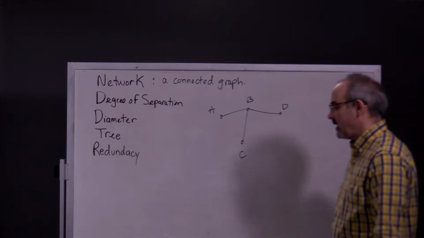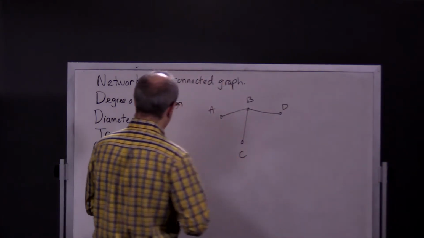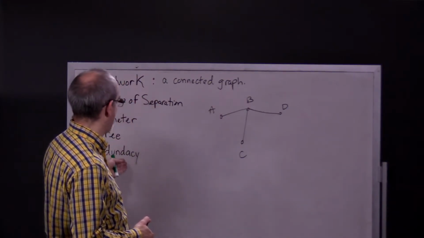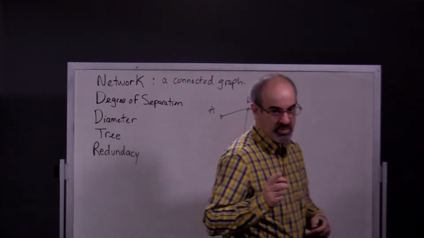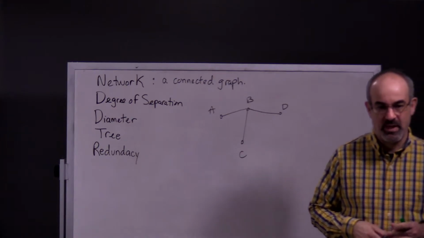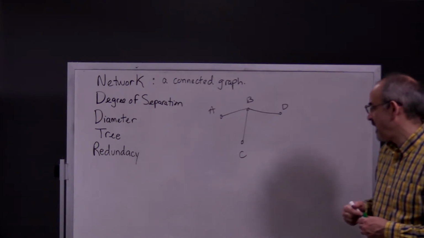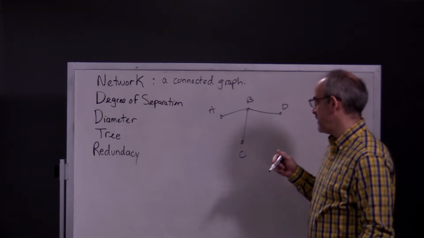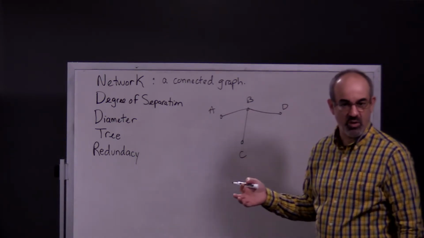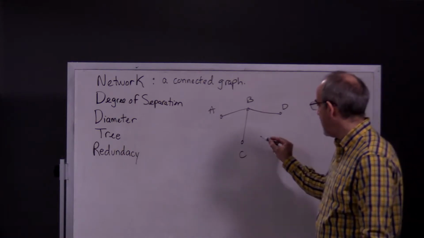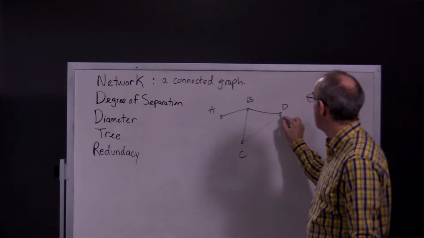Okay. Now, like I said, I'm going to make videos about these other things too, but in this particular video I'm going to briefly mention degree of separation. Okay, let's have a new graph where D and C are also friends.